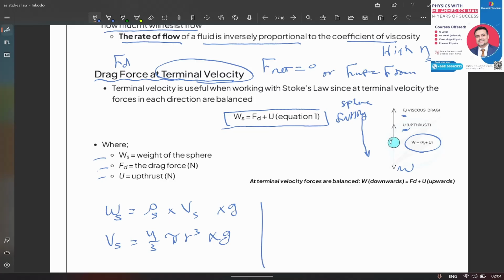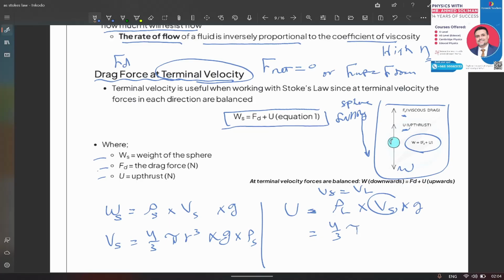And because the sphere is totally submerged underwater, we can say upthrust equals rho liquid multiplied by V liquid displaced, where V sphere equals V liquid displaced, multiplied by g. So it will be again 4 over 3 pi r cubed multiplied by rho liquid multiplied by g. Okay, so now we have found the upthrust force and weight.